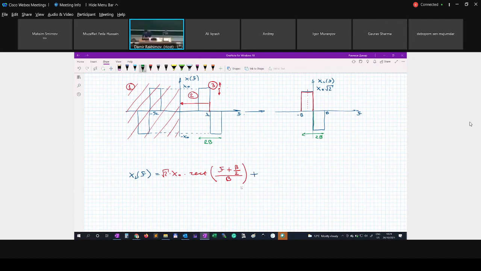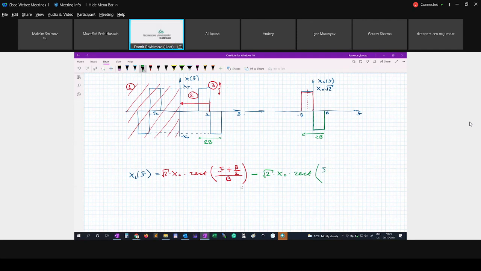Okay, fine. Now let's discuss the second rectangular pulse. I think I already made a mistake. It should be minus square root of 2 times x0 times rectangular pulse, and then what should be inside the argument?